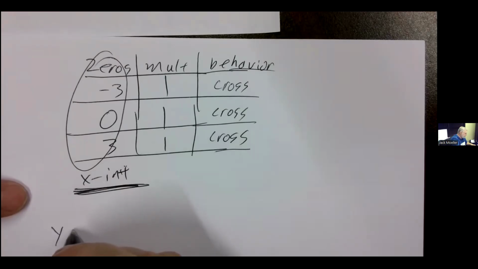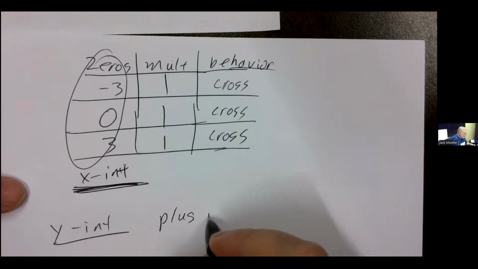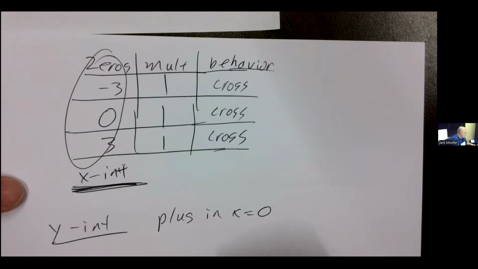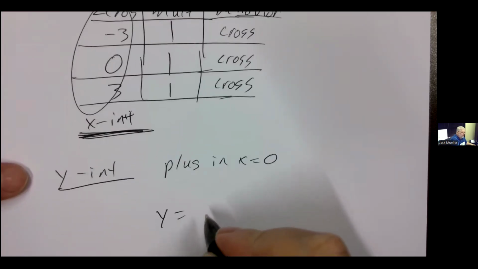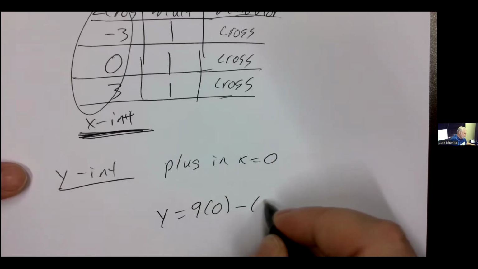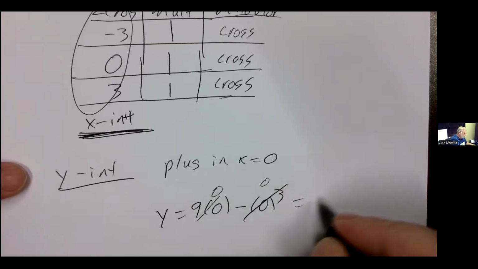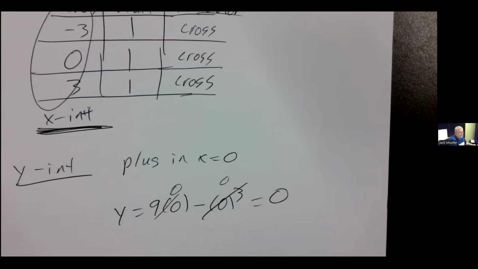And let's go ahead and do the y-intercept. So for the y-intercept, plug in x equals 0. Our original function is 9 times x, so 9 times 0, minus x cubed, so 0 cubed. Well, that's 0, that's 0, so it's 0.